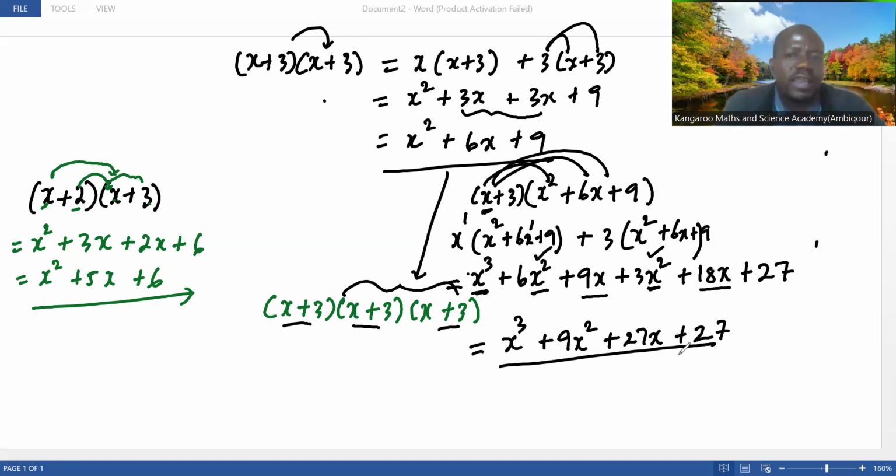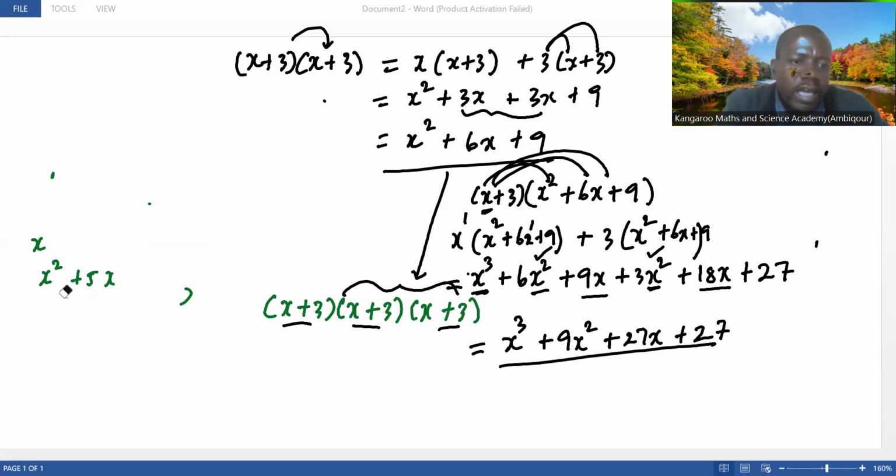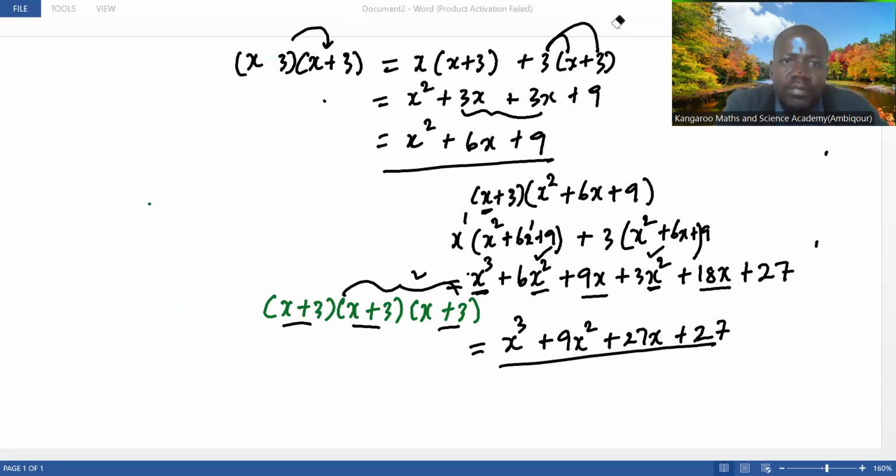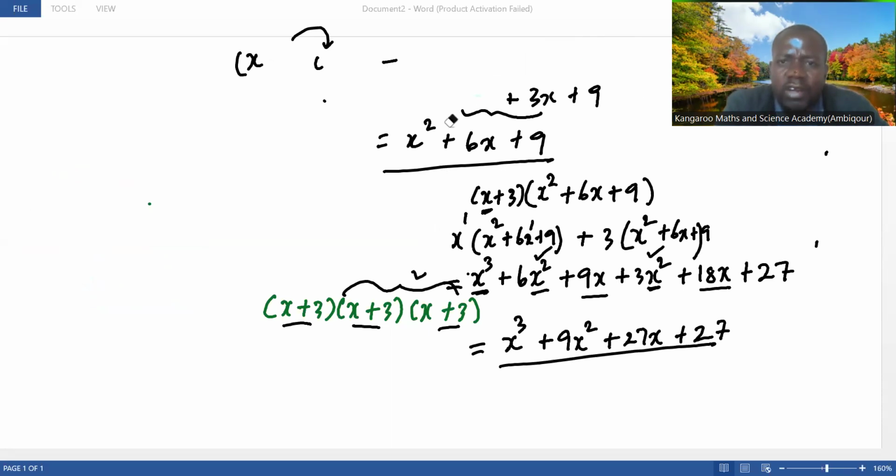Many ways to skin a cat. Exponents are very important, ladies and gentlemen. And the other thing is the issue of being able to understand. I think having a good background from grade 10, you're not going to battle with this.